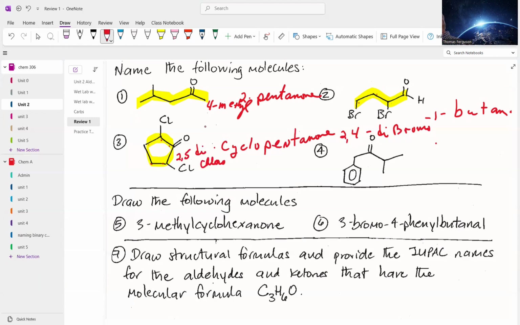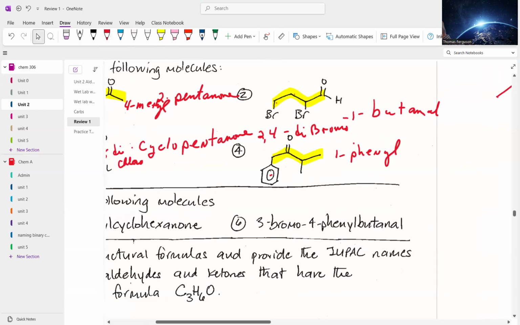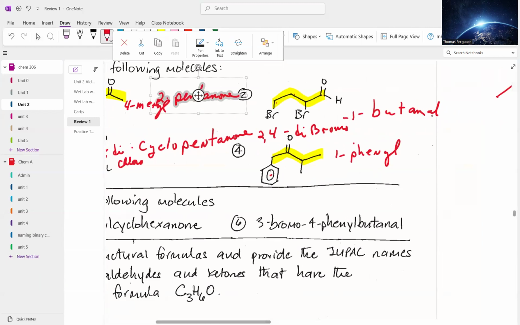Okay, we have another ketone over here. And it's 1, 2, 3, 4. So it's going to be a butanone. And we have a 1-phenyl. That's this guy here. One, two, three.